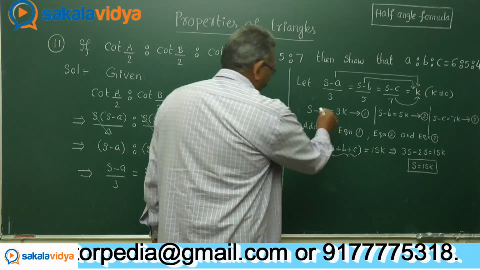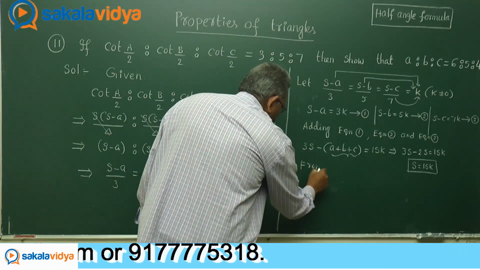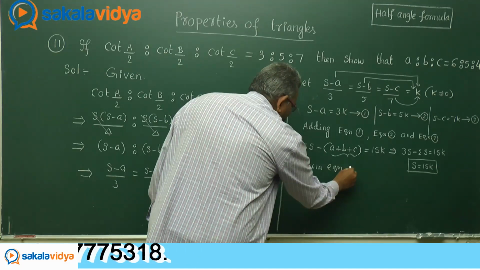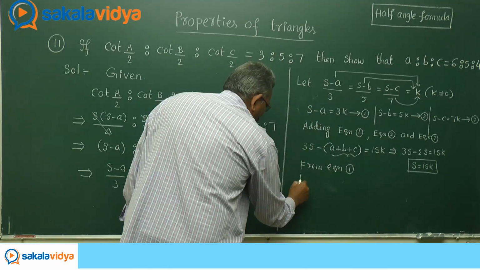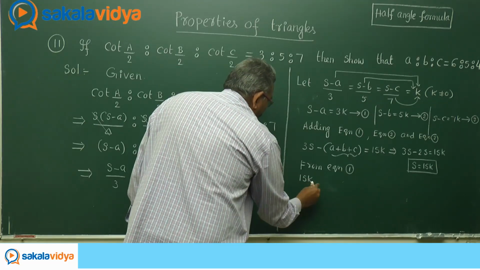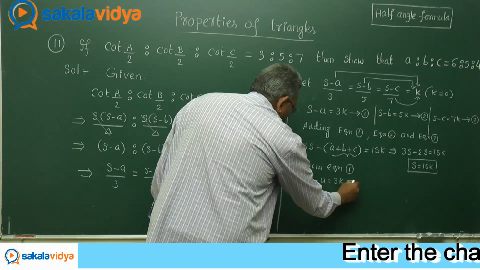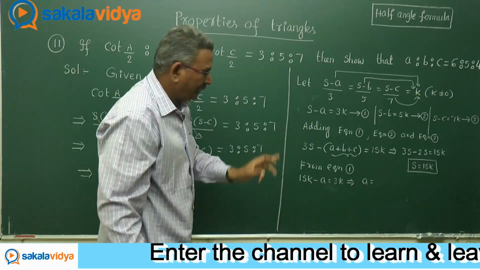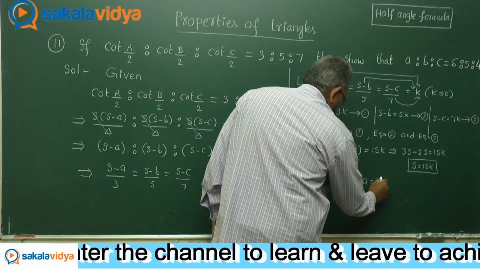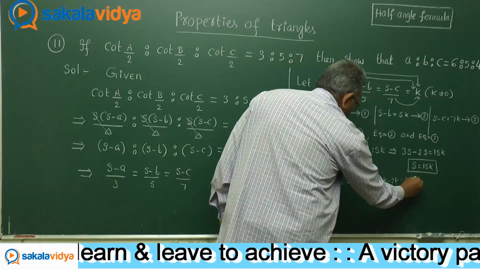So from equation 1, substituting s as 15k: 15k minus a equals 3k, that implies a equals 15k minus 3k, which equals 12k.